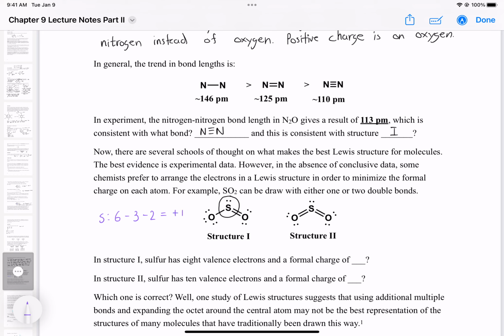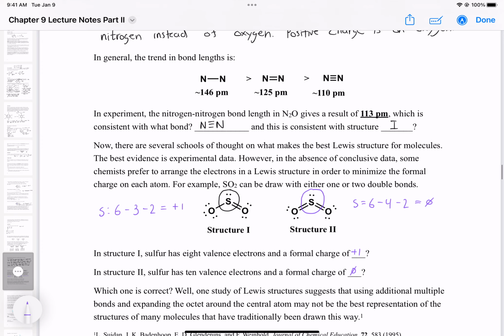Formal charge of +1. In this structure, we get 6. Circle this sulfur atom. We get 6 minus 4 minus 2. So that gives us a charge of 0. So we have +1 for structure 1. And then structure 2, we get 0.